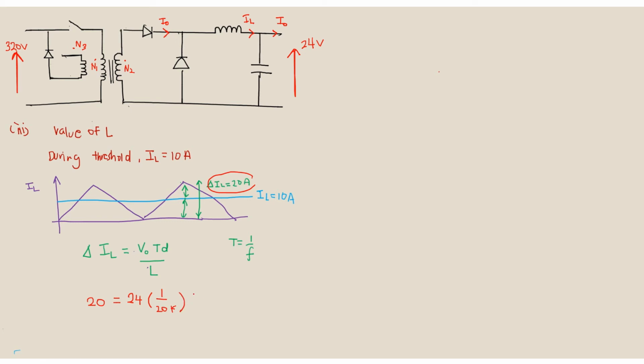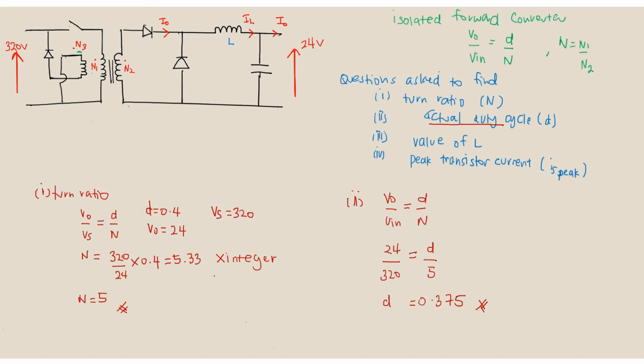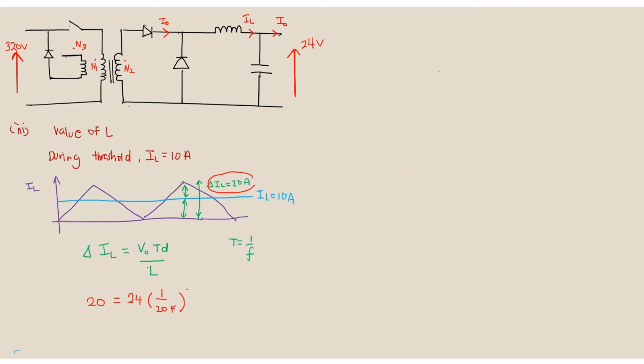For D, make sure you use the one that you calculated, not from the equation. Reshuffling the equation, you get L as 22.5 micro Henry.